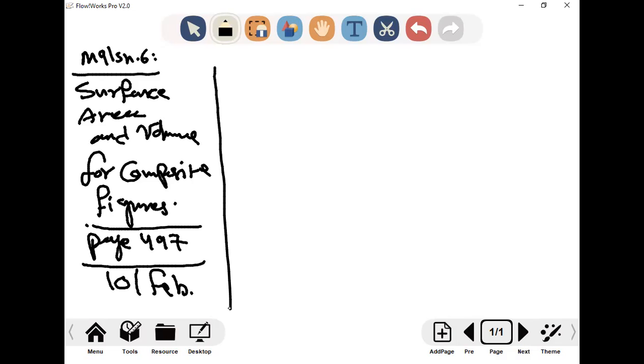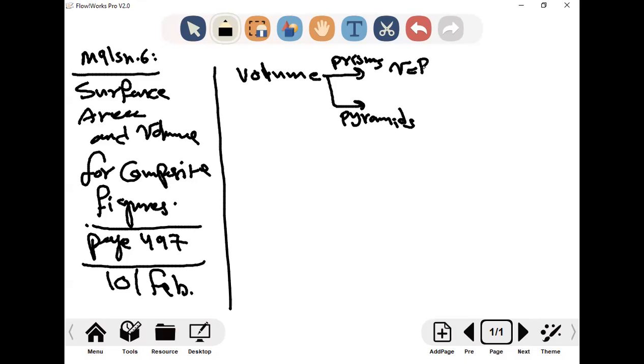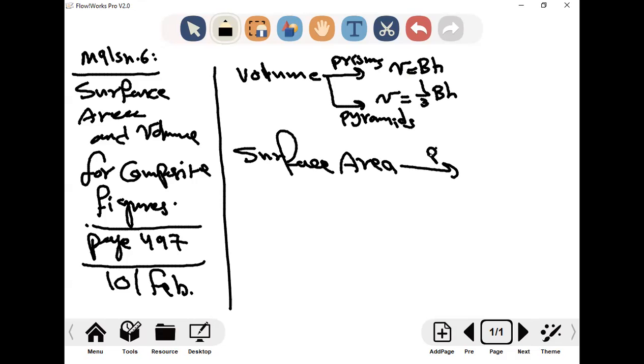We said the volume for the prisms is V equals big B H, and for the pyramids, V equals 1/3 big B H. And we took the surface area also for prisms and for pyramids.